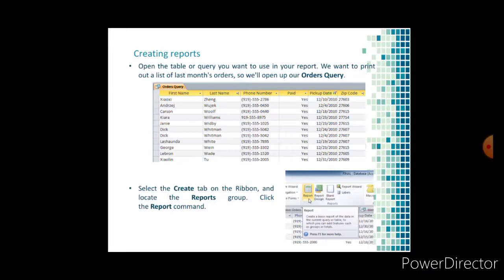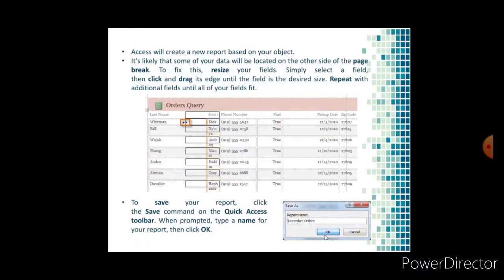Select if you would like a group for your fields. Keep repeating this step for as many groupings as you would like. Click Next. Select the layout and the paper orientation you desire.